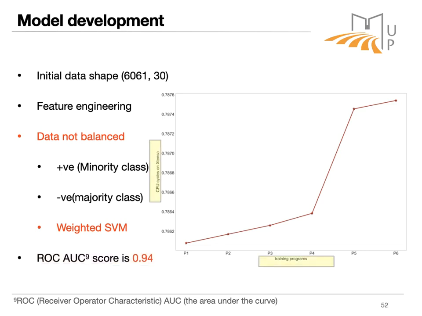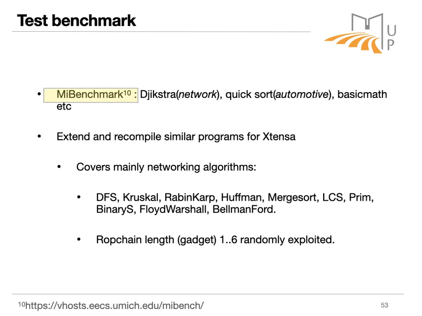The high ROC score shows that our model has a good predictive ability. Also, as the number of exploited gadgets increases, the number of CPU cycles also increases. So to evaluate our model performance against random programs that run on the Xtensa platform, we extended and recompiled some of the embedded benchmark programs in MiBench for Xtensa.